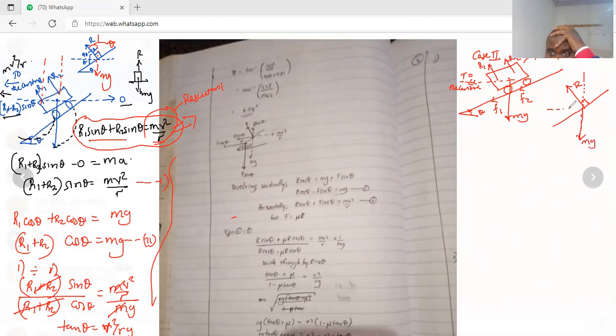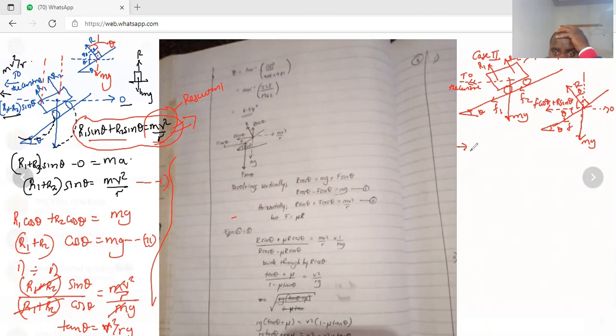Then if you have the weight mg, this would be theta, and this would be theta. Remember, if this is theta up here, we are now having friction down here. So this side we shall have friction cos theta plus R sine theta, giving us the resultant force.